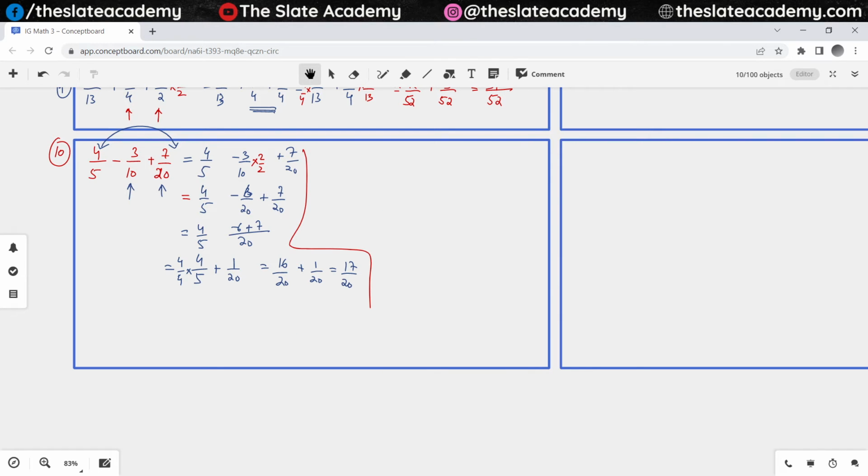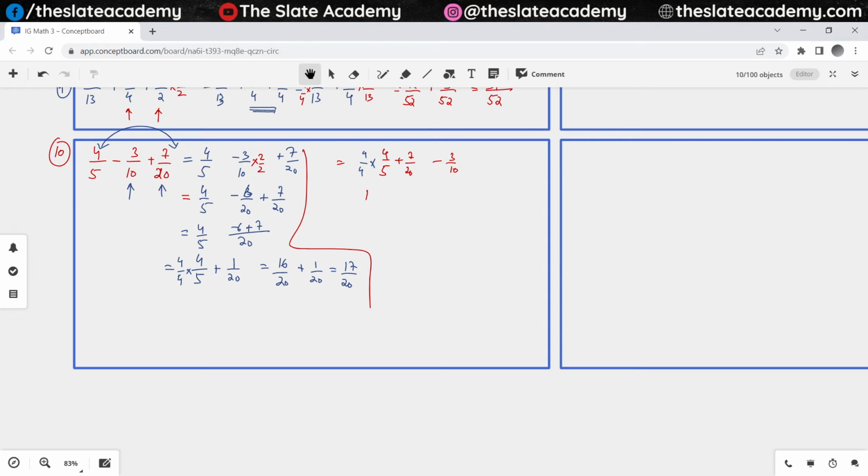If you want to do the 4 by 5 plus 7 by 20 addition first, what would that become? I'd be rearranging a bit, so it becomes 4 by 5 plus 7 by 20 minus 3 by 10, right? For the first fraction I'll have to multiply and divide with 4 so that the denominator becomes 20.